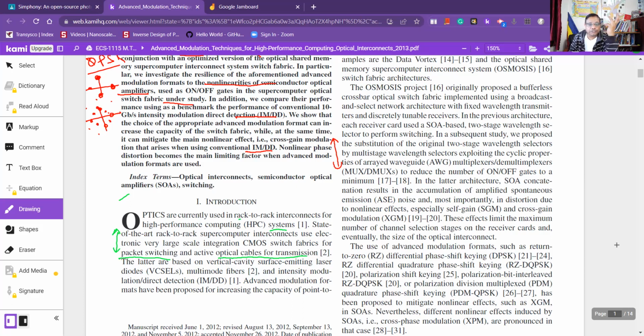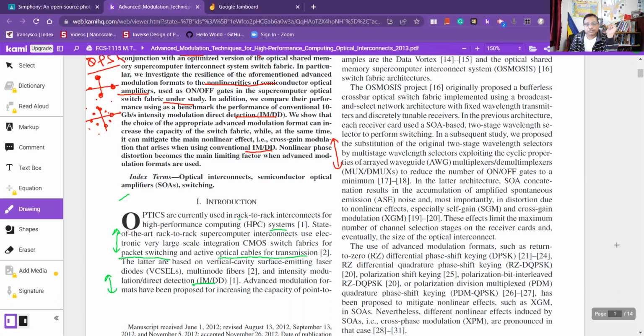So it uses a vertical cavity surface emitting laser diode. This is nothing but a laser diode, but a sophisticated one, whose working principle is the vertical cavity surface emitter. It uses multi-mode fibers, and the modulation scheme is the basic, primitive one, that is intensity modulation, and the detection scheme is direct detection.